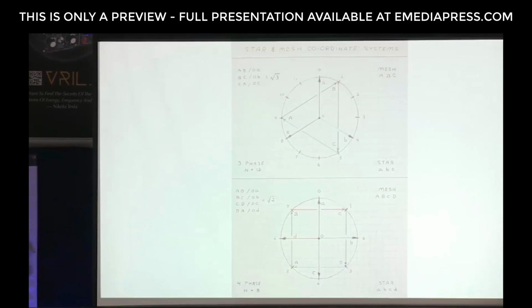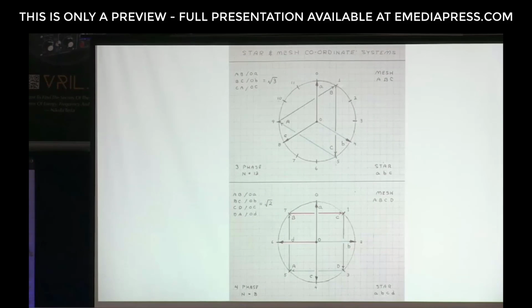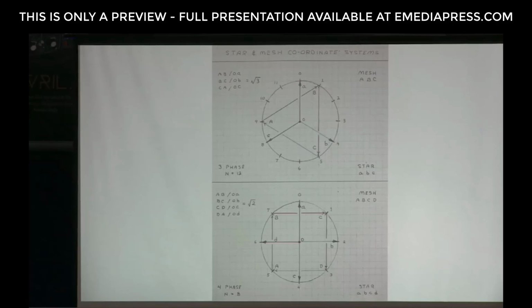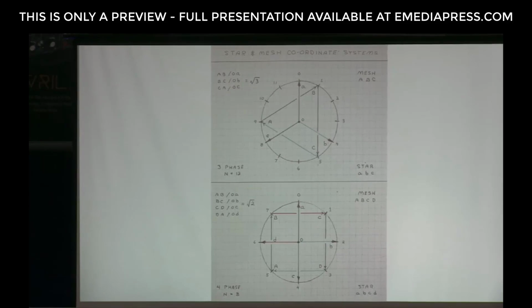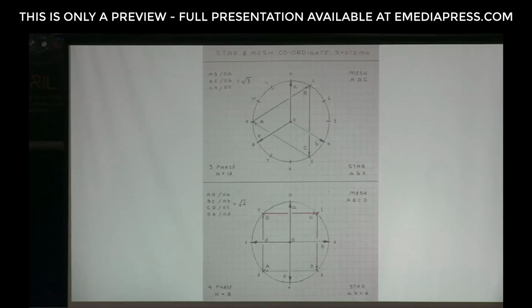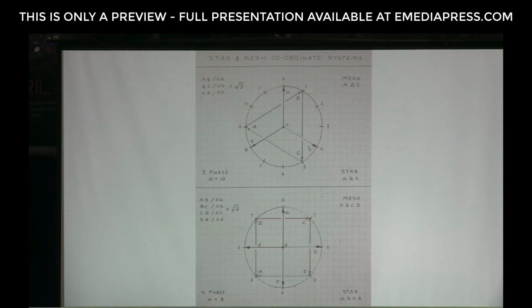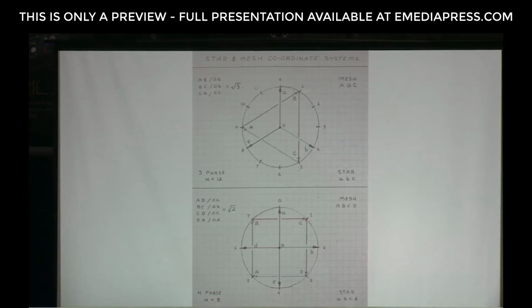In order to portray a mesh versus star coordinate situation for 3-phase, we have to have 12 coordinates. So basically, the standard clock face is an analog operational device for 3-phase power. It requires 12 coordinates. As we can see, some of these coordinates aren't used, so there appears to be an imbalance that comes with the 3-phase.